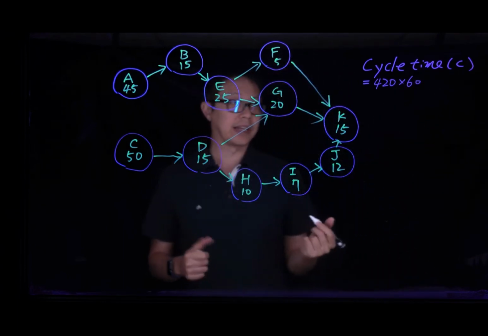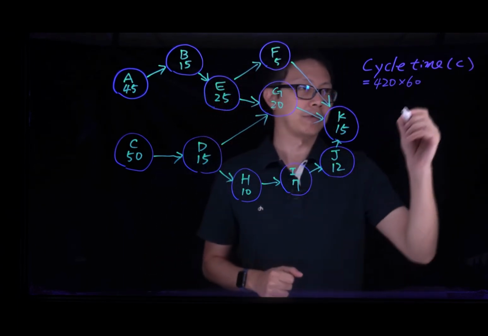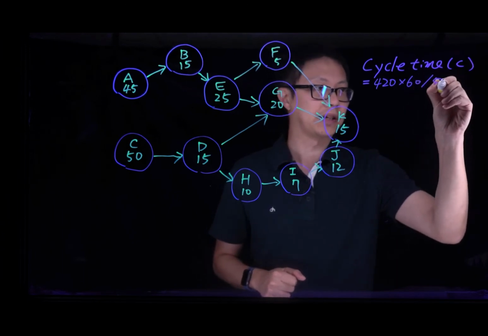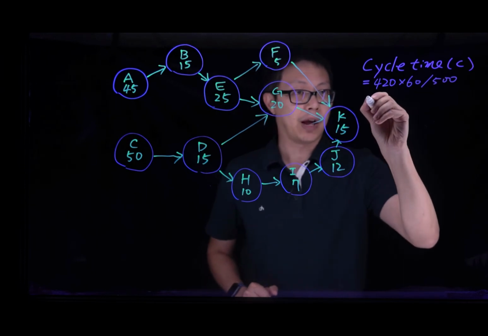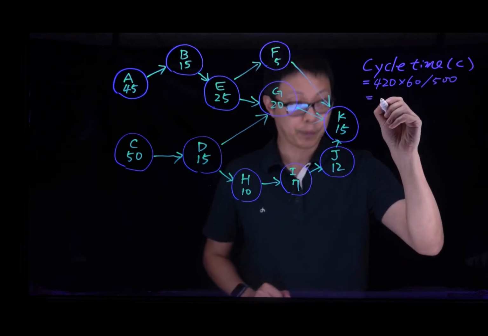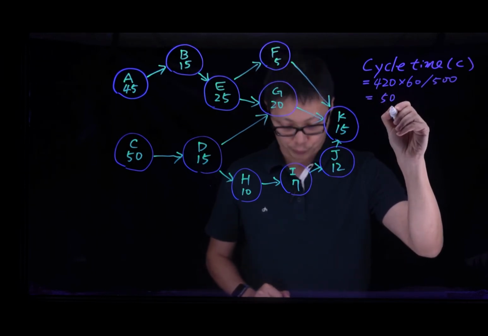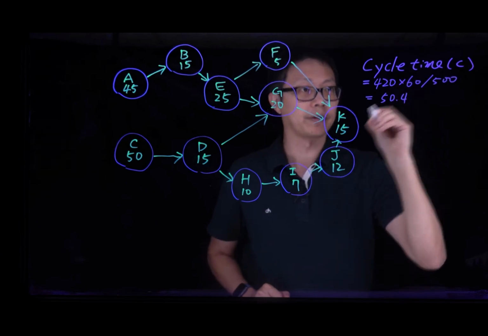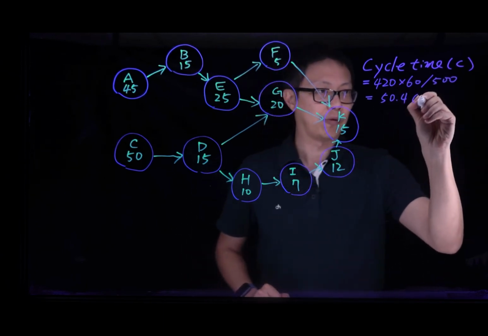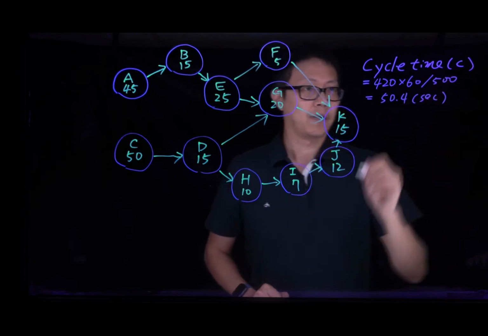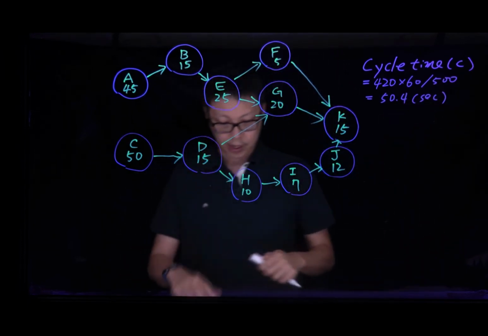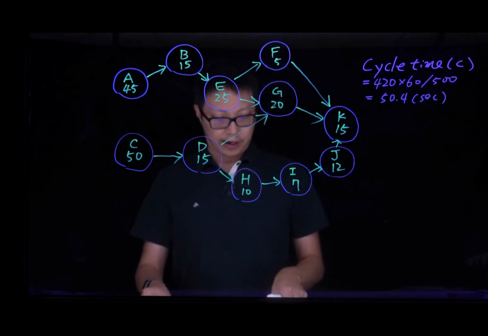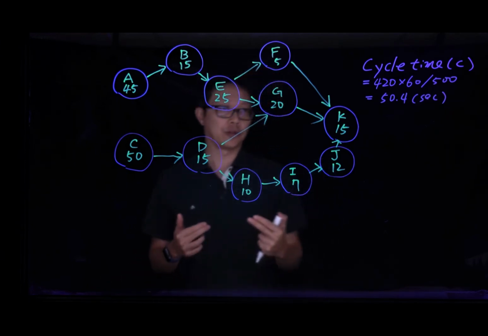Then we divide it by the total number of toys that you need to produce, in this case 500. It will tell you how much time is required to produce one single toy. That will be 50.4 seconds.